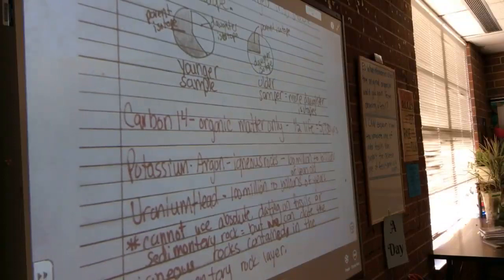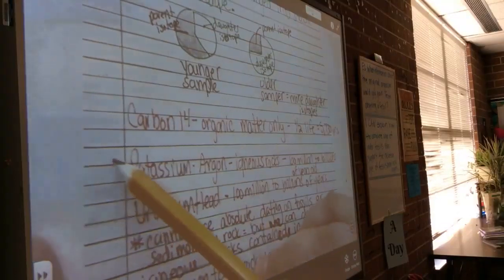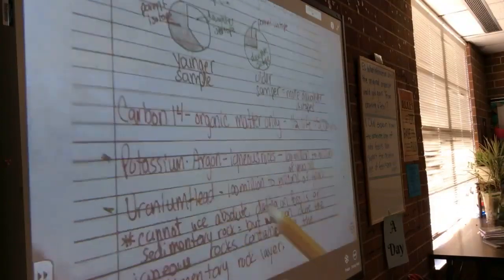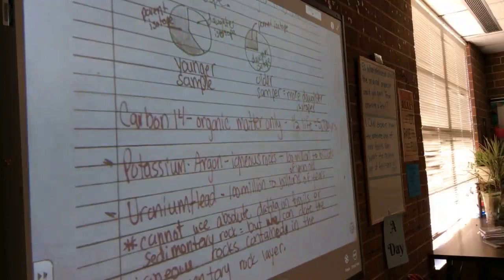Two other ways that are very popular with geologists is the potassium argon isotope and the uranium lead isotopes. Potassium argon is great for dating igneous rocks, especially if the rock is anywhere from 100 million years old to billions of years old.